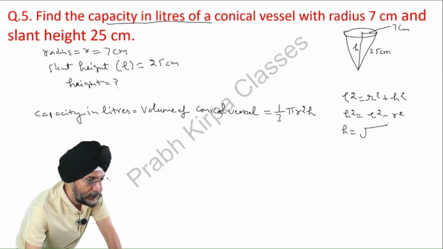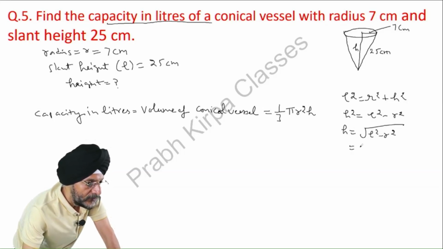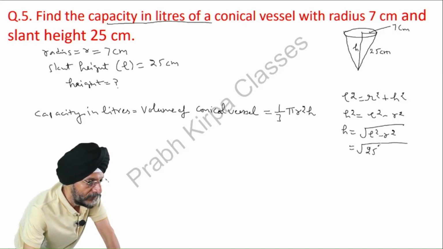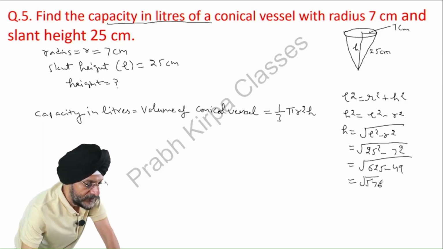H is equal to the square root of L square minus r square. We will fill in the relevant values. What is the value of L? It is 25. What is the value of r? It is 7. 625 minus 49 will come as 576. Then the answer is here. Value of height is 24 centimeter.